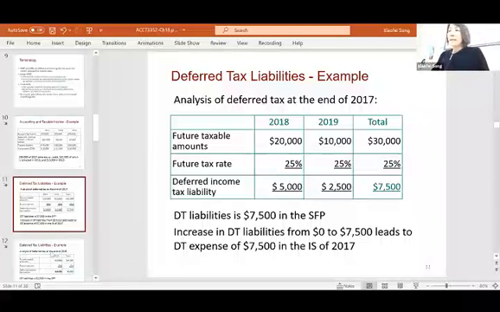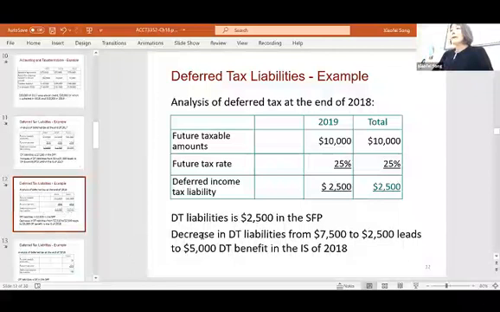So the next year, this is 2018 now. We're standing at the end of 2018. And so this temporary difference is partially reversed, but not completely reversed yet. So the remaining difference will be reversed in 2019 because we were told that the last 10,000 will be collected in 2019, right?